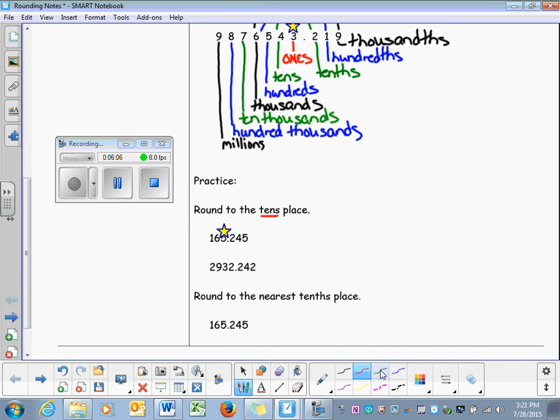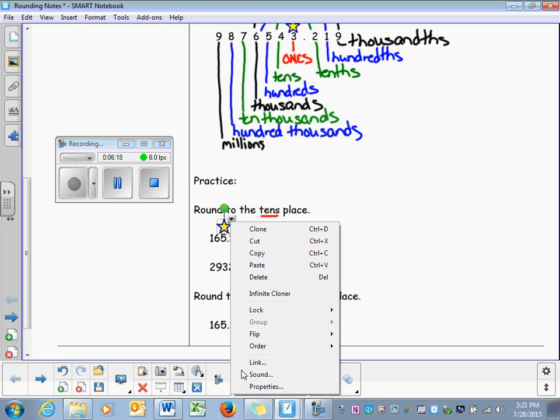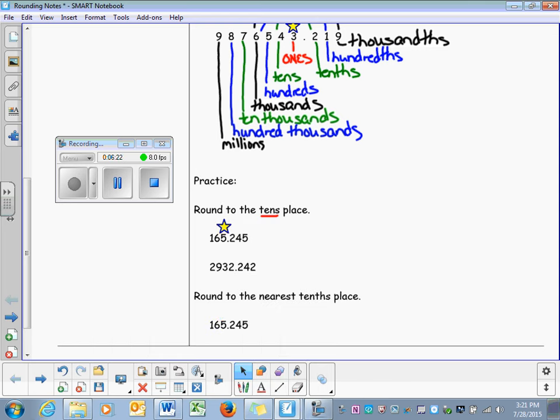So that means the 10, I'm going to move that just a little bit, because my little star is getting in the way. The 10 is to the left of the ones place. So I'm rounding to the 6.